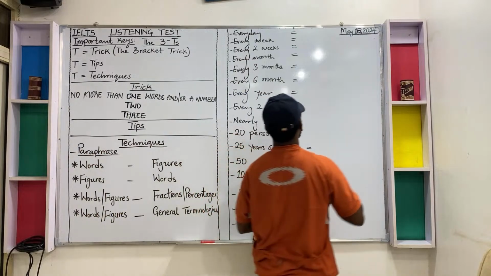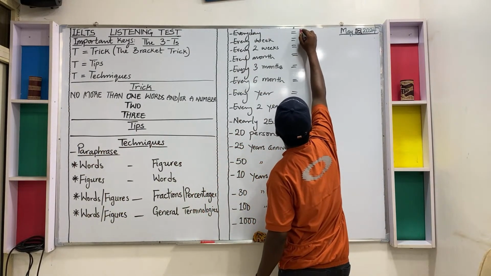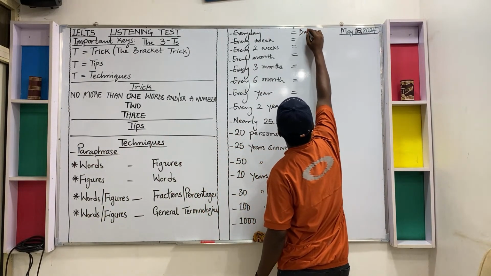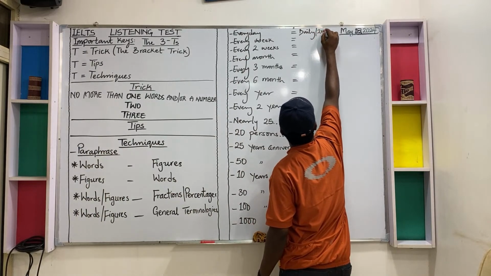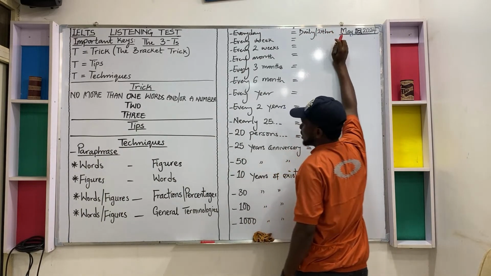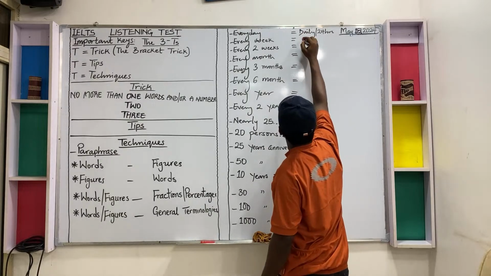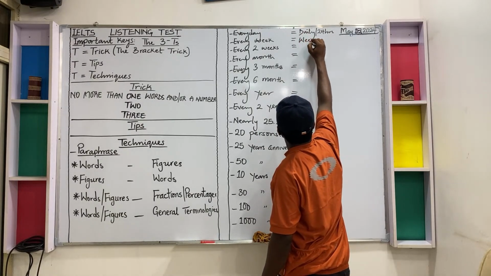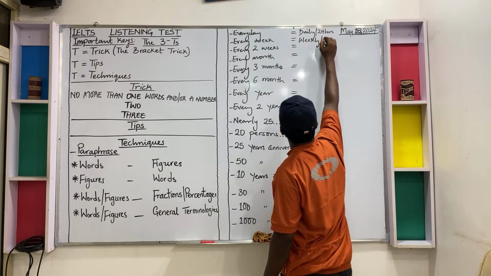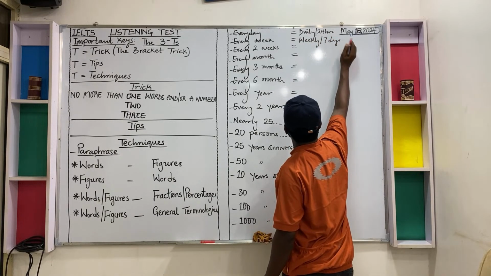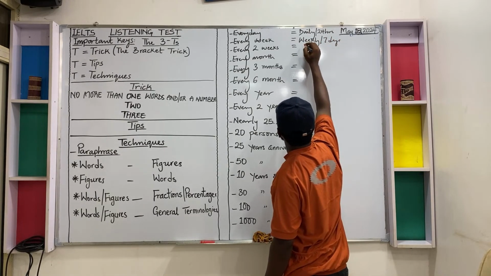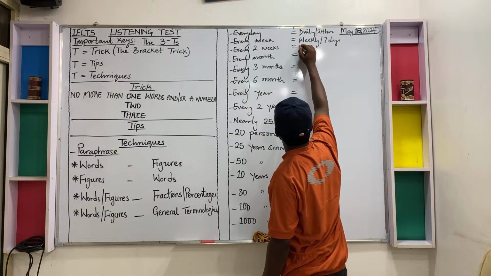Every day can be expressed as what? Daily, as a word, or 24 hours. Weekly, as a word, or 7 days. Every 2 weeks? Fortnightly.